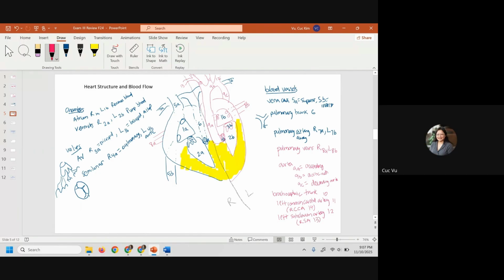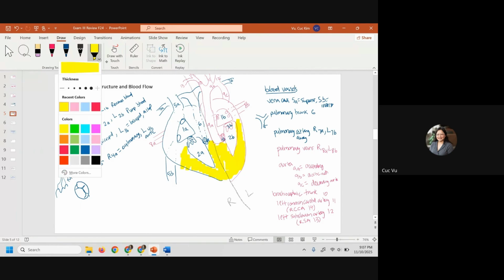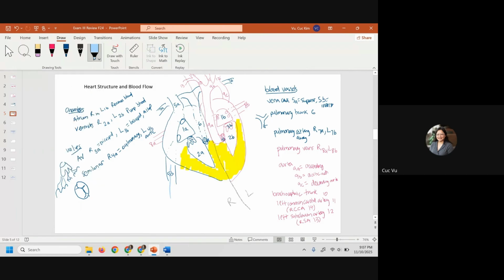And as you're going through that, as well as the other structures, now it's like, oh, I can do blood flow. So deoxygenated blood comes in from the superior and inferior vena cava. That should be your number 1. It comes into what chamber? The right atrium.